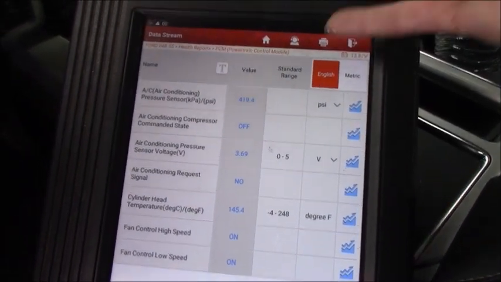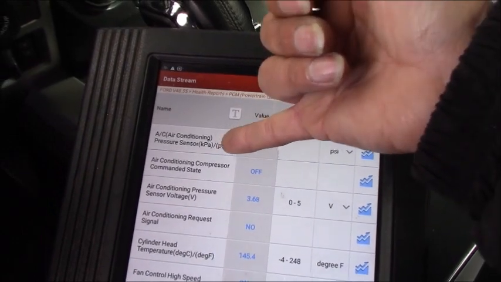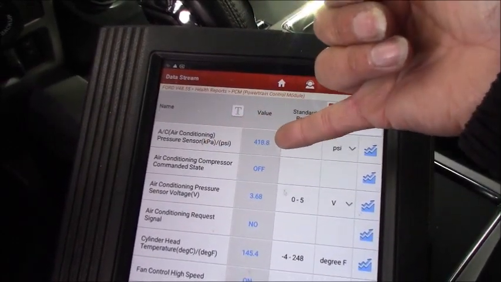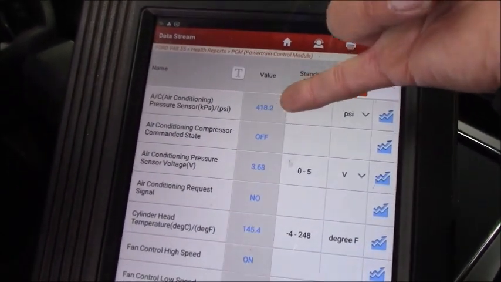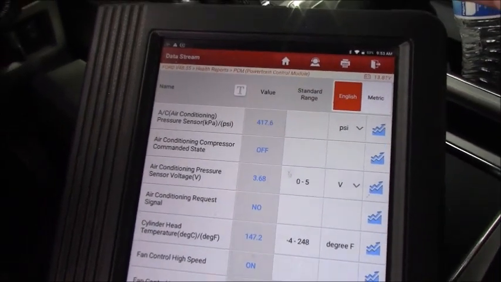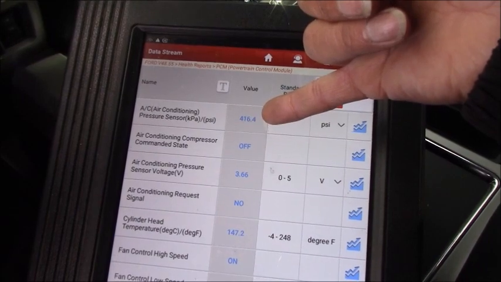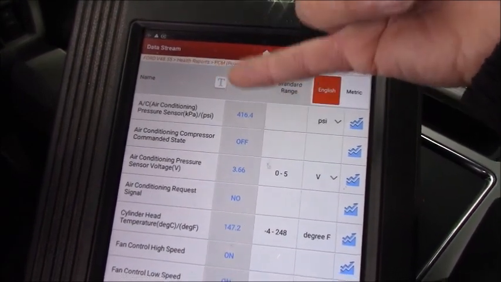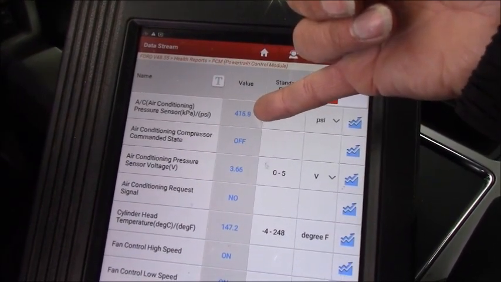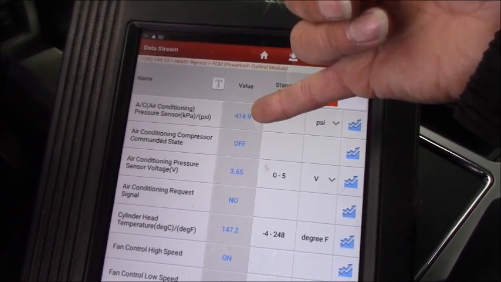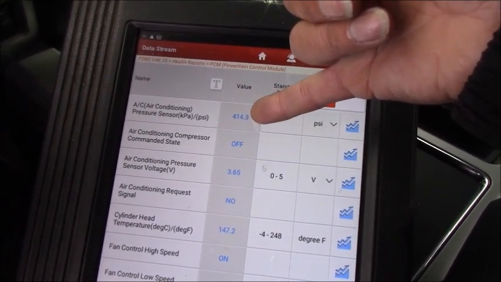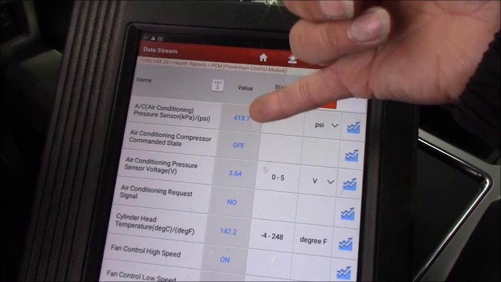Okay, I would like to test this sensor and see what caused such a very high pressure. First, we think about whether the sensor or the inside of the computer may be measuring the wrong signal. Hopefully not.